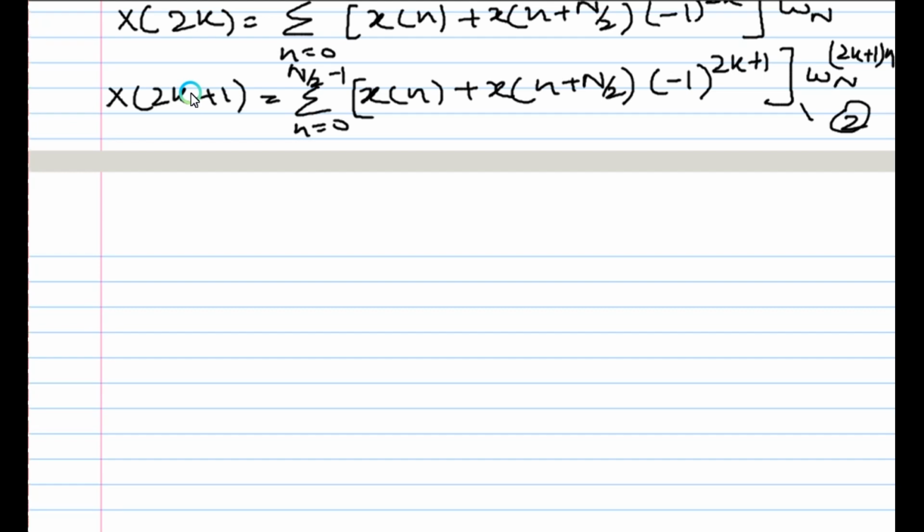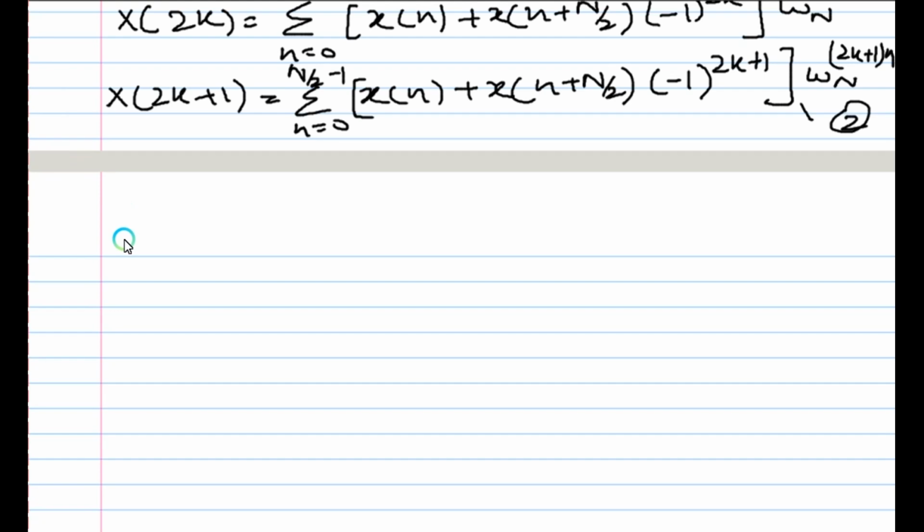Since I have divided x of k into two sequences, that is x of 2k, the even sequence, and x of 2k plus 1, the odd sequence, and the original range of x of k was k running from 0 to N minus 1, but now I have divided it into two sequences having equal number of samples, the range of k will be k running from 0 to N by 2 minus 1 in the case of x of 2k, and the same in the case of x of 2k plus 1.